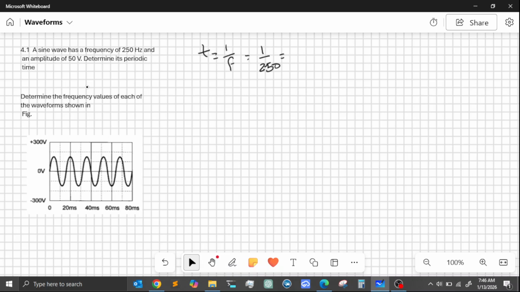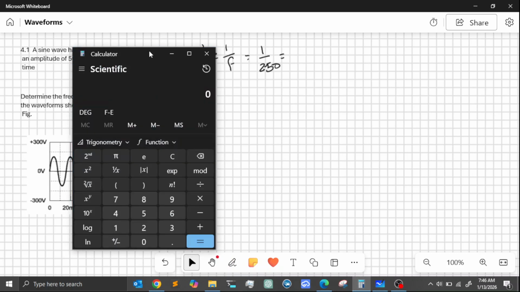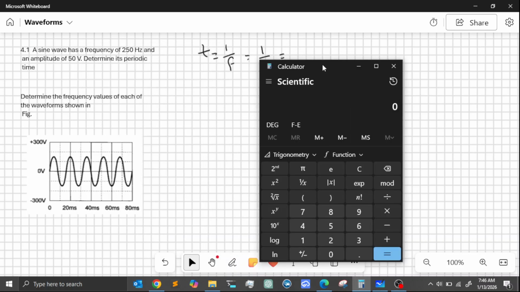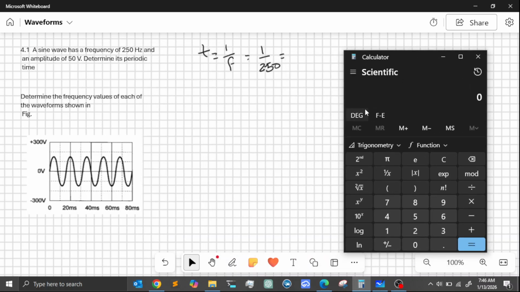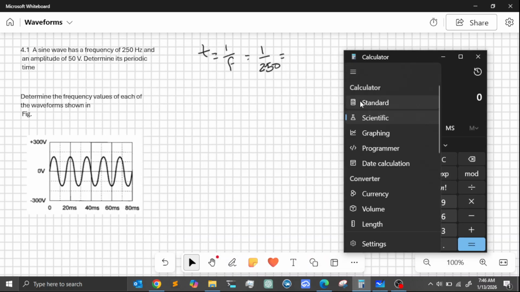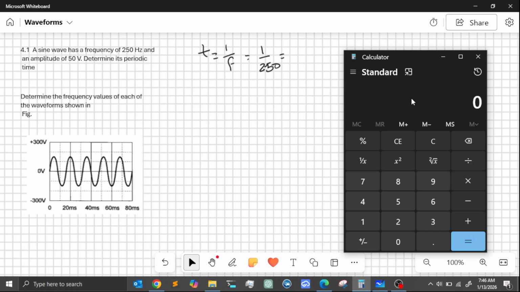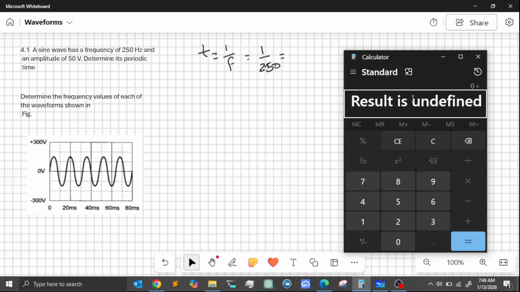and let me pull the calculator. I don't need scientific mode for this. So 1 over 250 equals, it says undefined result. Oh, okay, here we go. 1 over 250.